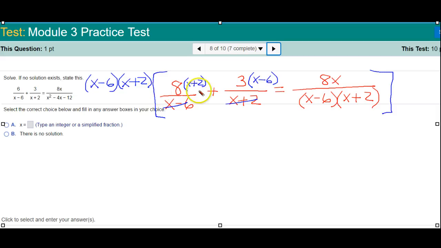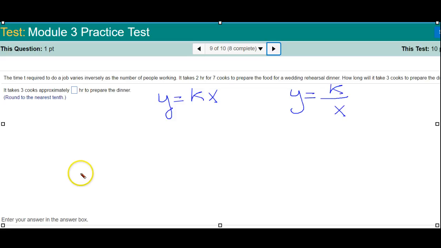And the nice thing here is that now both of these will cancel out. So we have now just ones in our denominator. So we're going to distribute this, combine like terms, and solve for x.